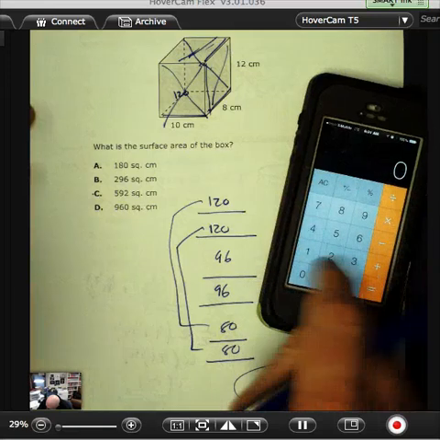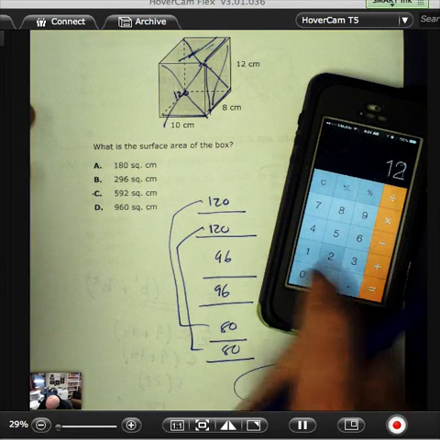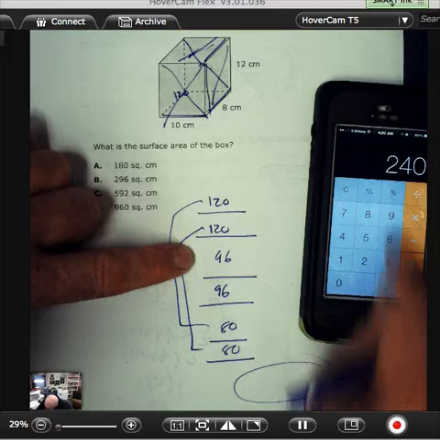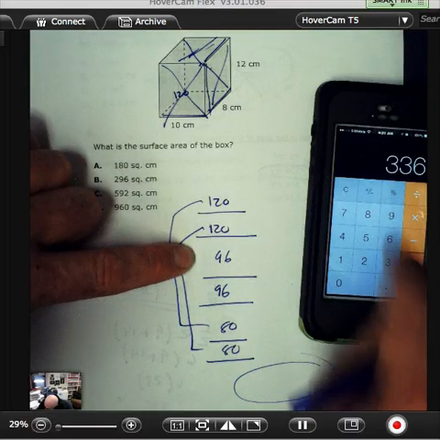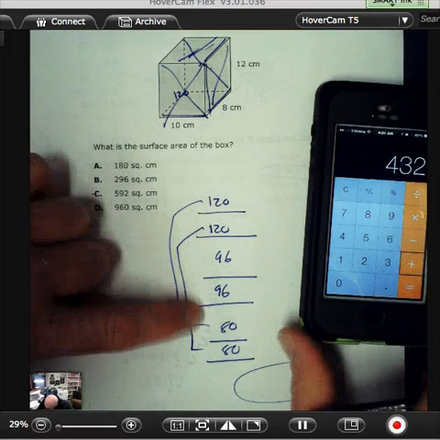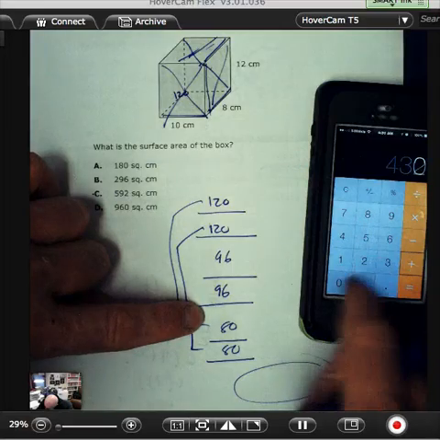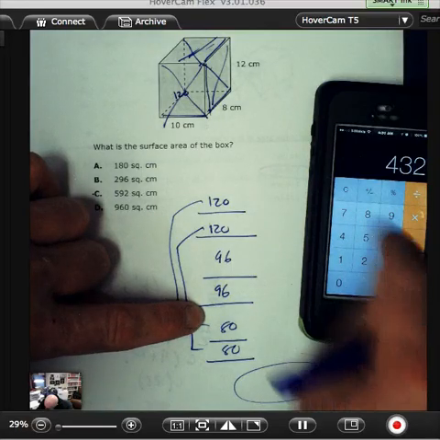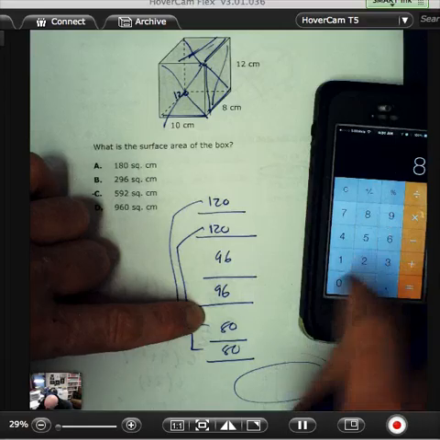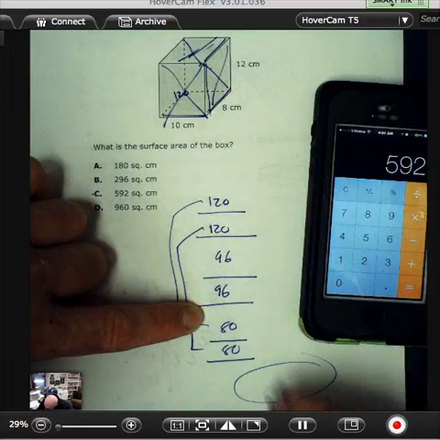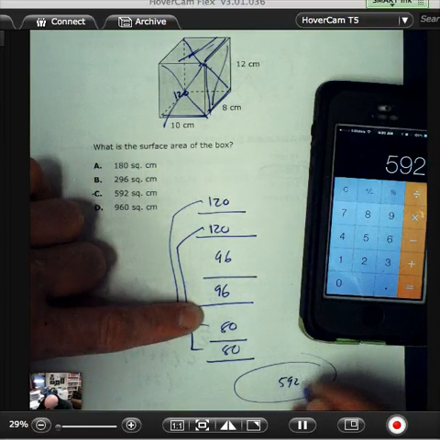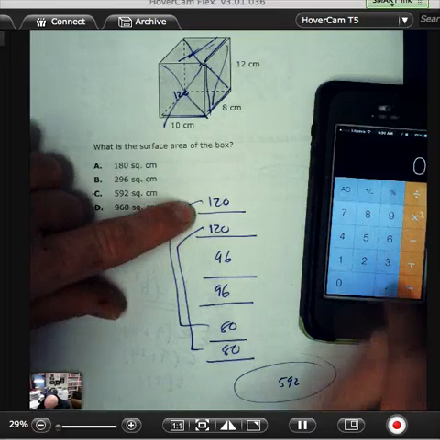So we have 120 plus 120 plus 96 plus 96 plus 80 plus 80 plus 80 equals 592, but I'm going to run that again. You saw me make a mistake when I was adding there, so I'll try it my other way.